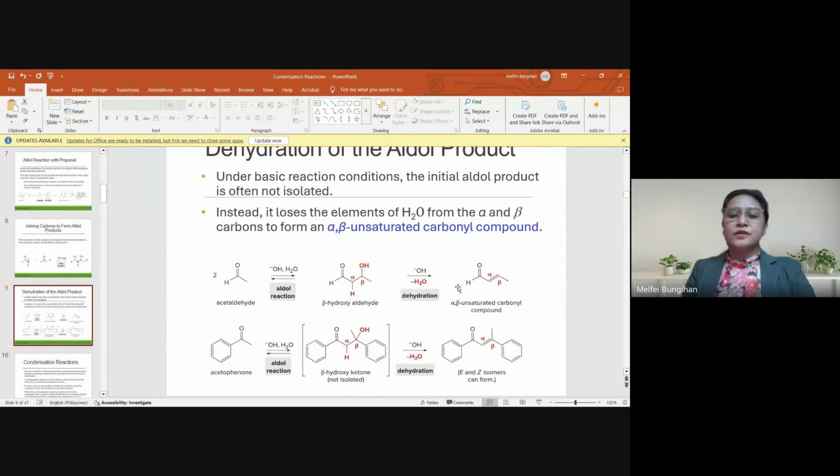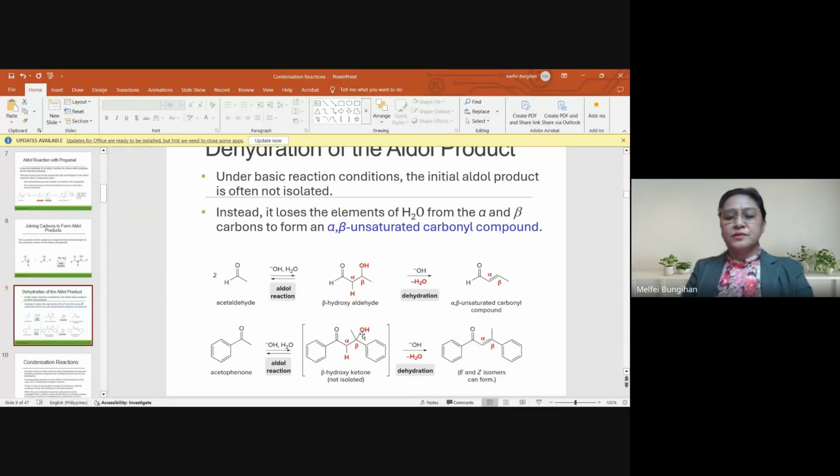So it is the same thing when we dehydrate from your ketones. So your ketone here has your alpha carbon, so you have your alpha hydrogen here. After that, you will form a bond between this carbon and the carbonyl of the other acetophenone.